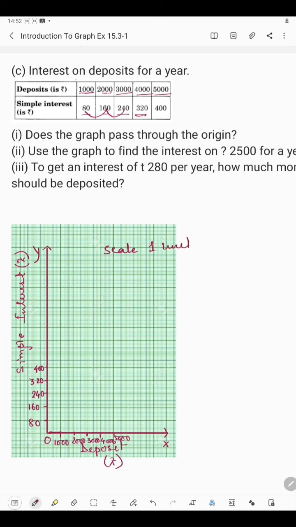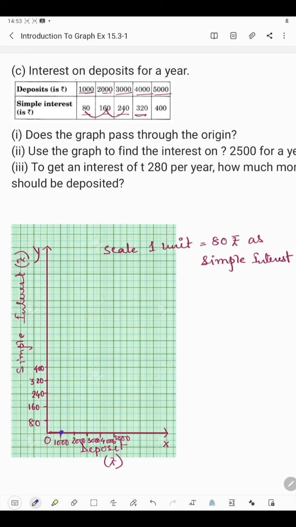1 unit is equal to 80 rupees as simple interest on the y-axis. Okay, so at first we have 1000 rupees. If you deposit 1000 rupees, this we will have to consider as the x-axis. Here is 1000.